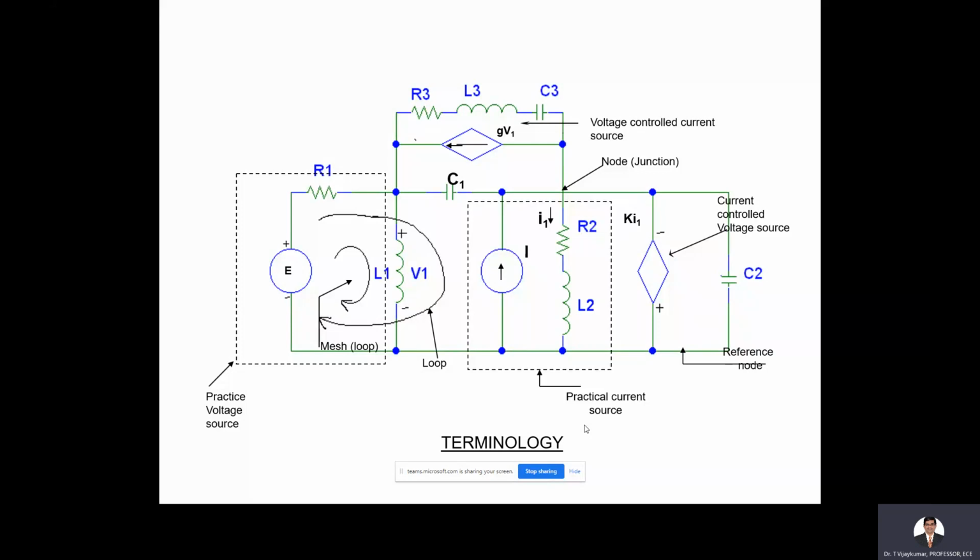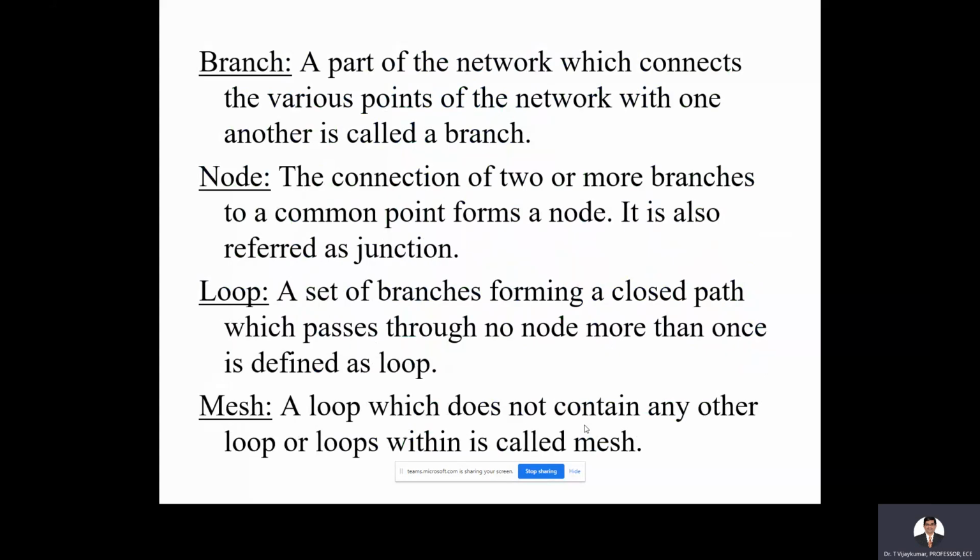Then what is meant by loop and mesh? In the diagram, I have shown this as the loop, in a clockwise direction. Inside it, another loop is there that we call a mesh. A loop is a set of branches forming a closed path which passes through no node more than once. What is a loop? A set of branches forming a closed path which passes through no node more than once.